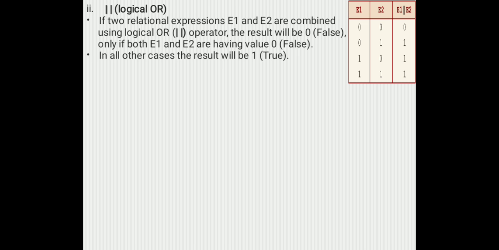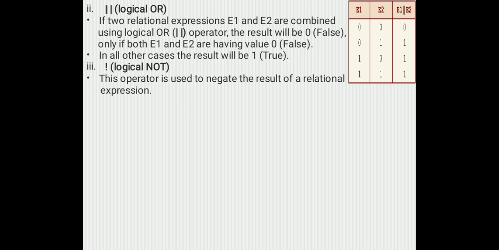If any of the input expressions is true, the result will be true. If both inputs are false, the result will be false. Next is logical negation, the logical NOT operation. This operator just negates the result of the relational expression. If the expression is true, the result will be false, and if the expression is false, the result will be true.